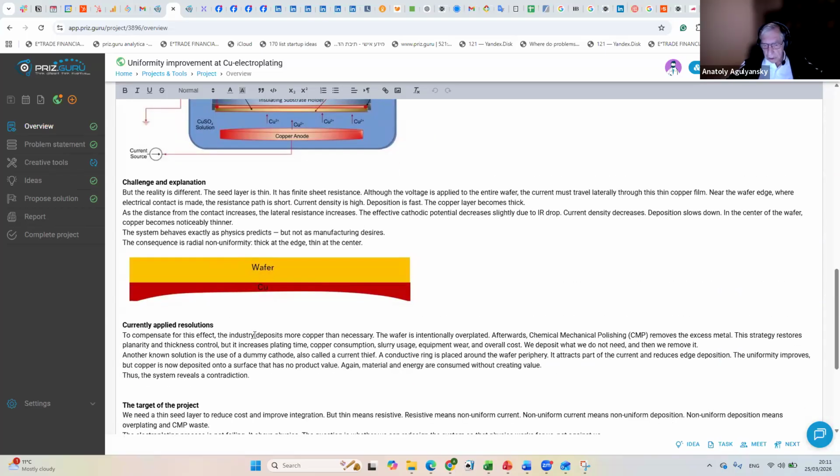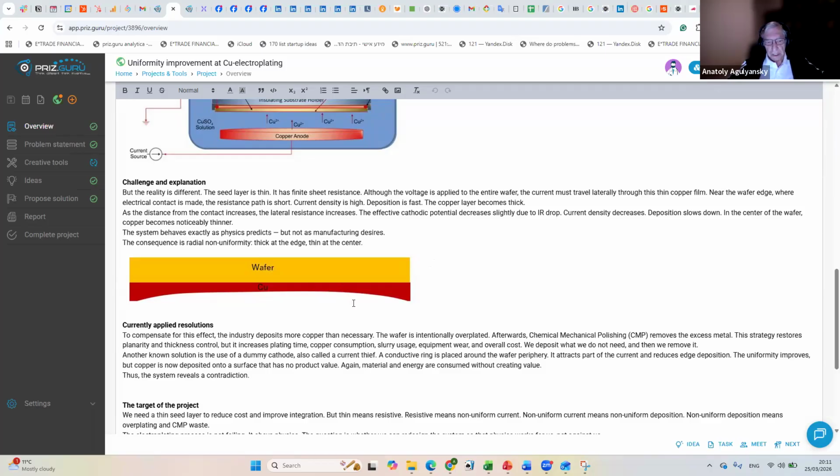How to solve it? If you go to AI, to ChatGPT, it will tell you to deposit a lot, and after that to remove everything you don't need, or you can add a dummy anode, dummy cathode in order to take some amount of current and reduce this thick layer.